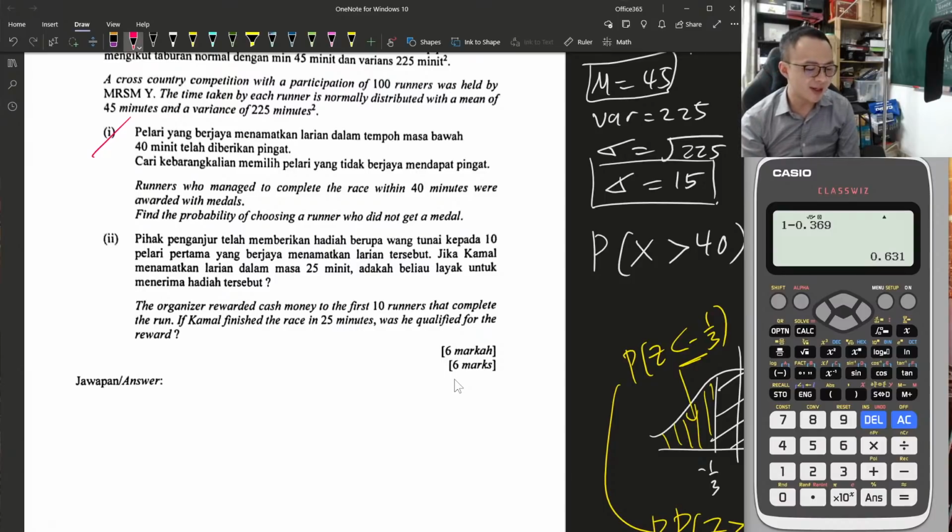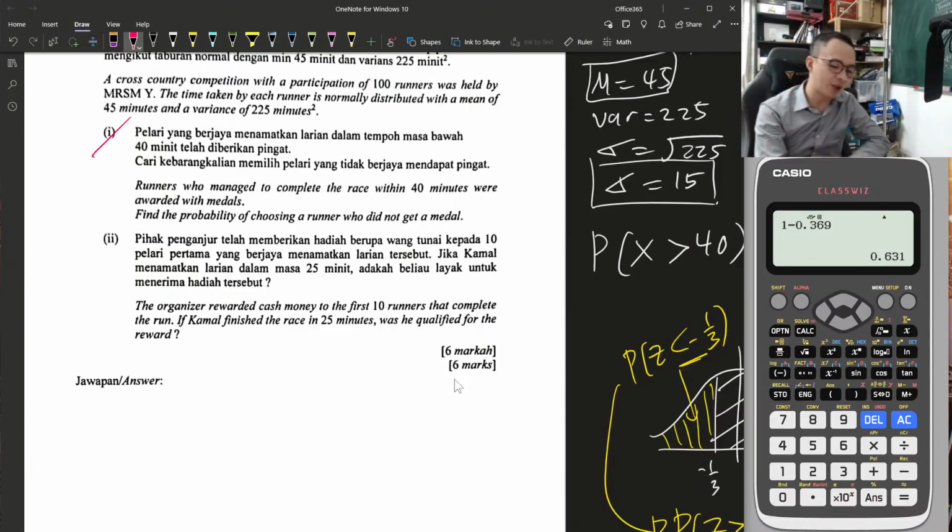The organizer rewards cash money to the first 10 runners that complete the run. If Kamar finished the race in 25 minutes, was he qualified for the reward? I want to know whether the first 10 persons are within 25 minutes or after 25 minutes.